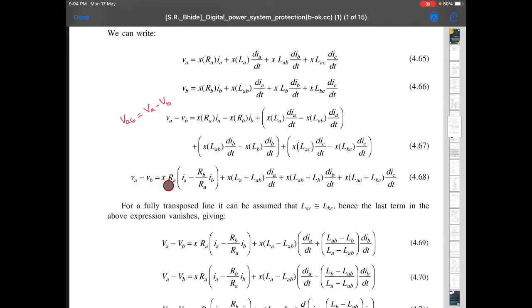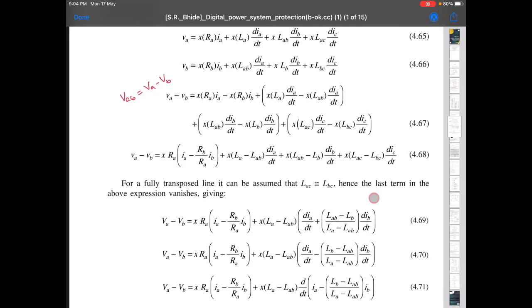So x into RA into RB by RA, you get x into RB and IB as it is. And here we have taken dIA by dt common, here dIB by dt common, and here dIC by dt. Once we take the common terms out, we are left with these terms.